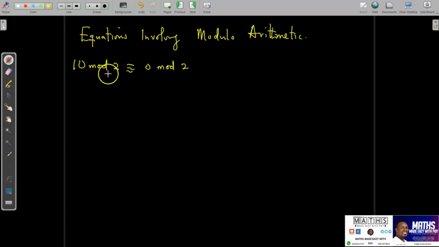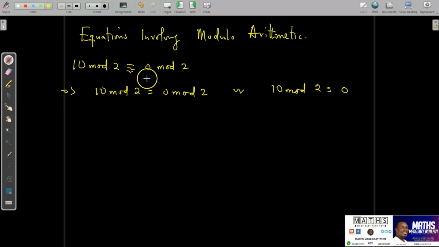So automatically this implies that 10 mod 2 is equal to 0 mod 2, or 10 mod 2 is equal to 0. So you can change the equivalent statement to an equation directly.